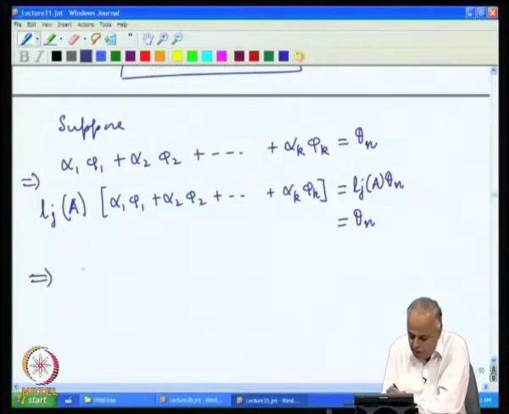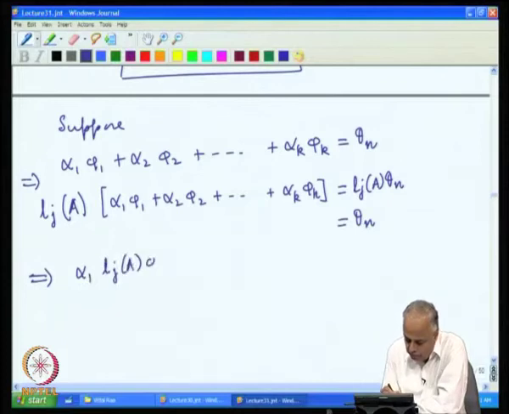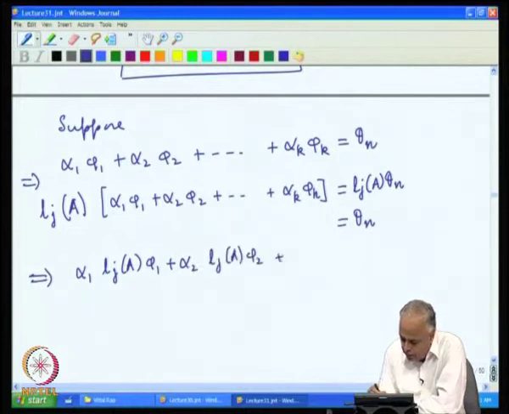That says alpha 1 Lj A of phi 1 plus alpha 2 Lj A of phi 2 plus etcetera, alpha k Lj A of phi k is 0.